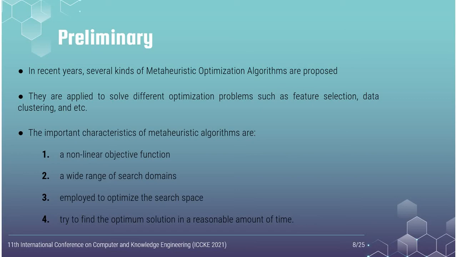The important characteristics of meta-heuristic algorithms are, first of all, that they can handle a nonlinear objective function. Secondly, they can support a wide range of search domains and can be employed to optimize the search space. And finally, they try to find the optimal solution in a reasonable amount of time.